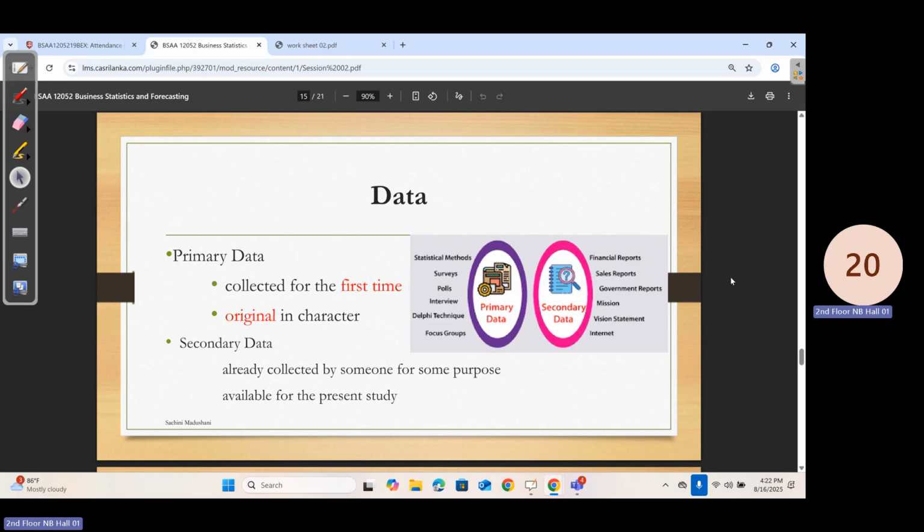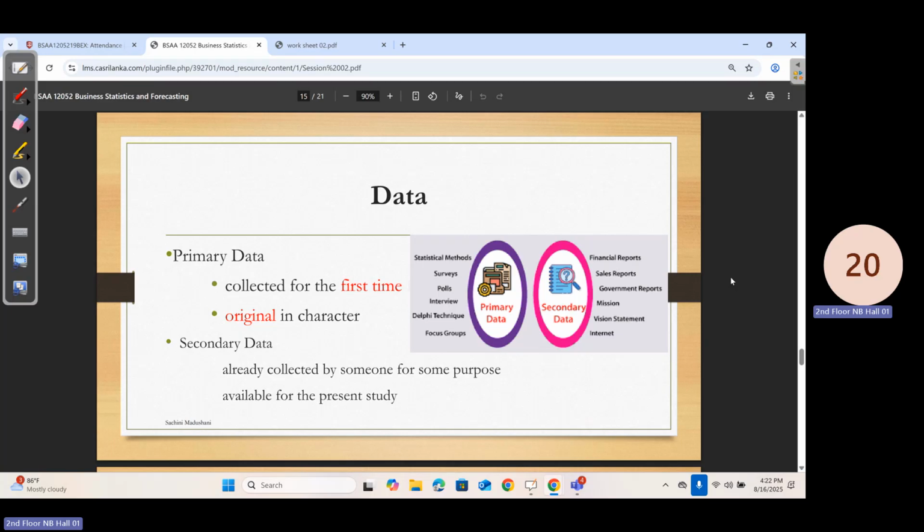Okay, then in the statistical approach, we divide this data into primary and secondary. Okay, then primary data means we collect data for the first time. We call it primary data. Then assume we need to find out the customer satisfaction about a particular product in the market.